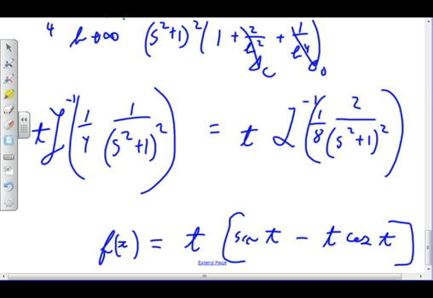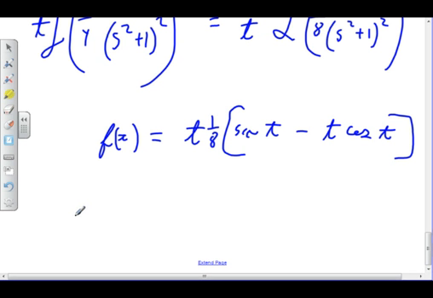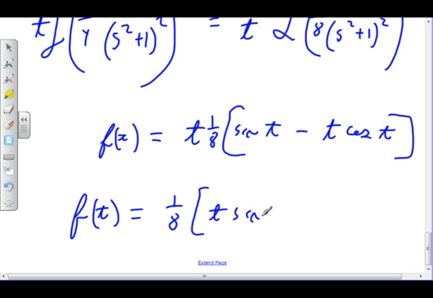I don't know. There's it right there. 1/8. All right, that's right. F of t is 1/8 t sine t minus t squared cosine t. Ta-da!